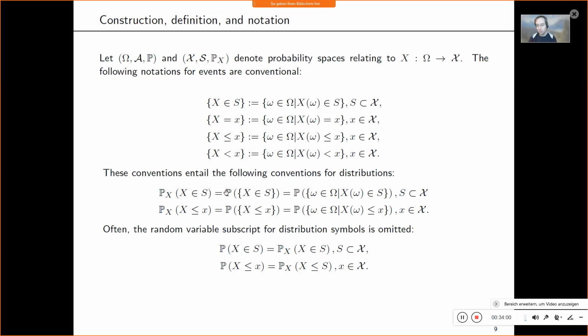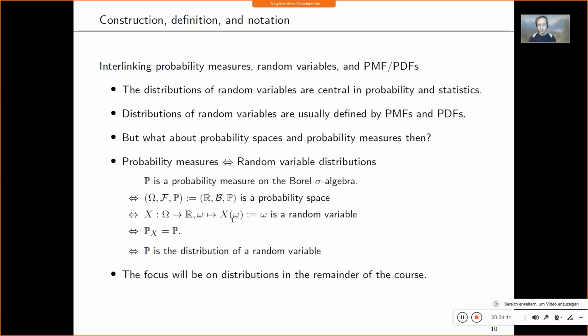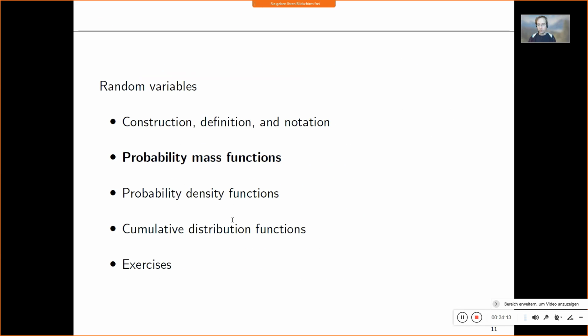And then we can always construct an underlying probability space based on what I just said, based on the assumption that the random variable is the identity function. And this is what we will do in the remainder of today's session.